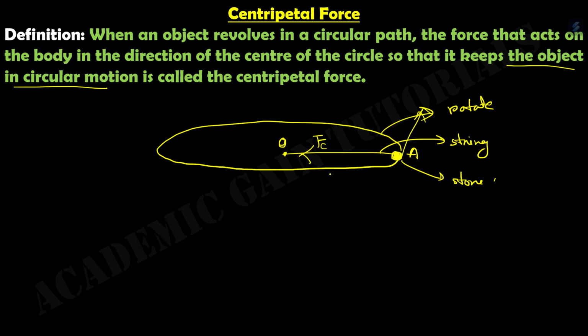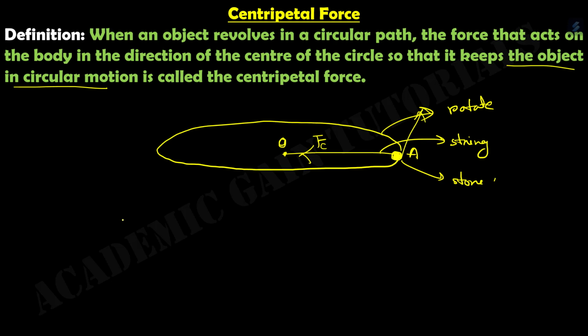If there is no centripetal force, then this stone will not move in that path. Instead, it will go along the tangent of this path. So this is the whole definition of centripetal force.